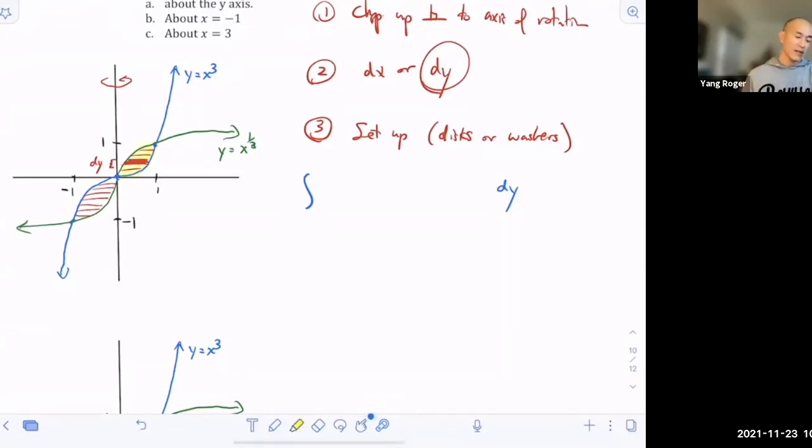This yellow region is the part that I'm rotating around. Since I'm doing a dy integral, I'm looking to see in that shaded region what the smallest and biggest y can be. To me, it looks like the smallest y is 0 and the biggest y is 1. And I know I have a washer situation, so this is going to be pi r big squared minus pi r small squared, right? And I'm going to replace what r big and r small are in a second.